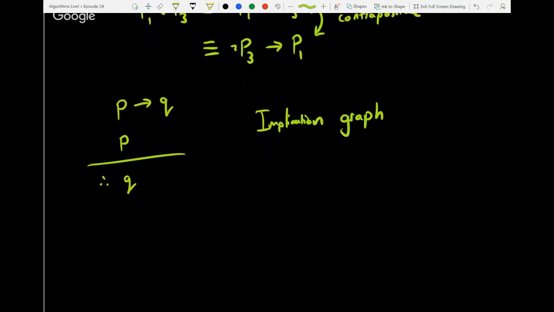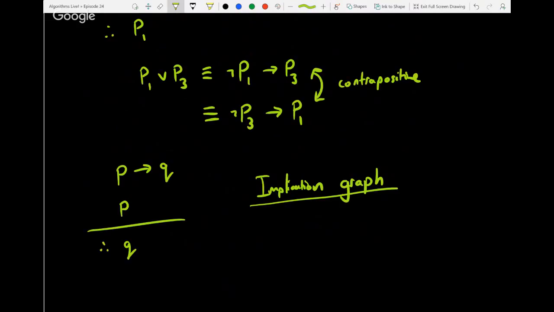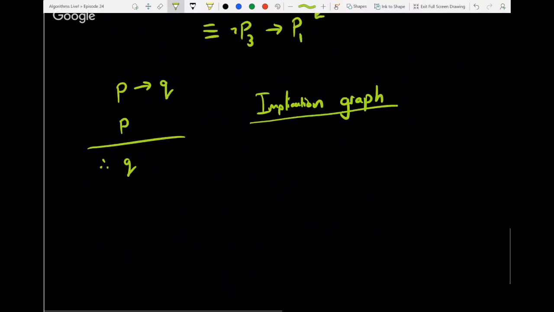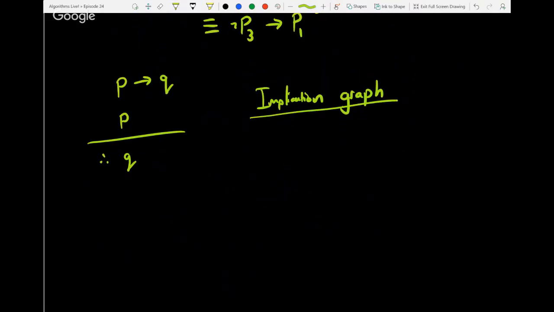And all I'm going to do to make a graph is every time there's an implication that I can form, I'm just going to add it to my graph. So for all valid inferences, so for all valid P implies Q that I could possibly form, I make an edge.